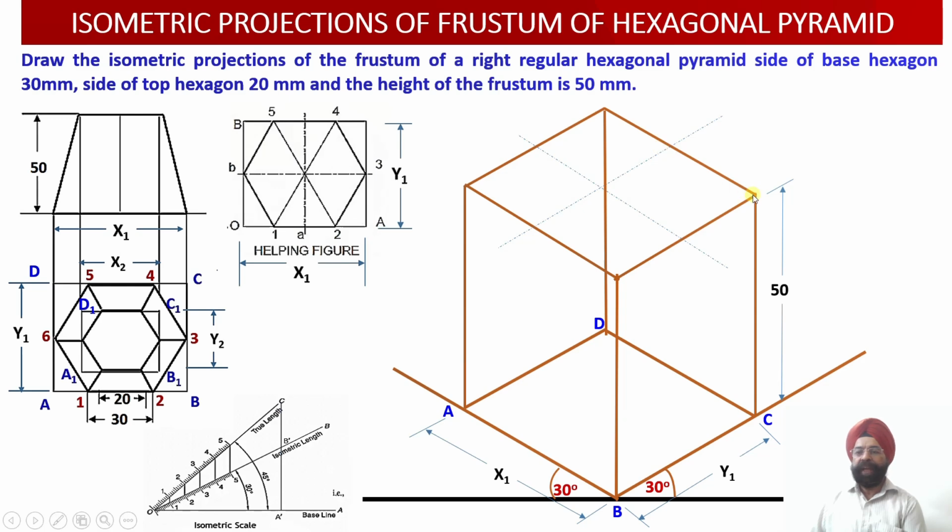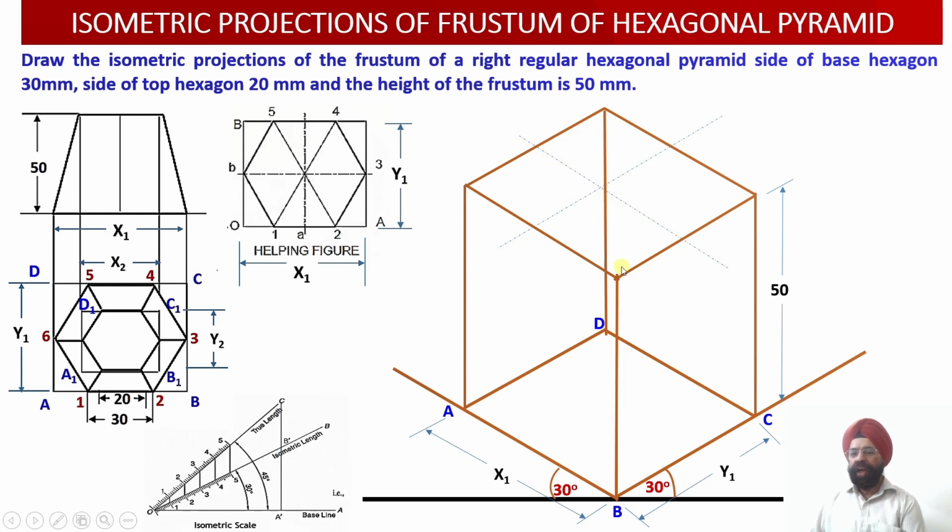Similarly, the midpoint of this x1 dimension has been obtained here. So joining these two points, one center line has been located. Similarly, the midpoint of the y1 edge has been located here, and the midpoint of the y1 edge has been located over here on the top surface. So the second center line has been located.